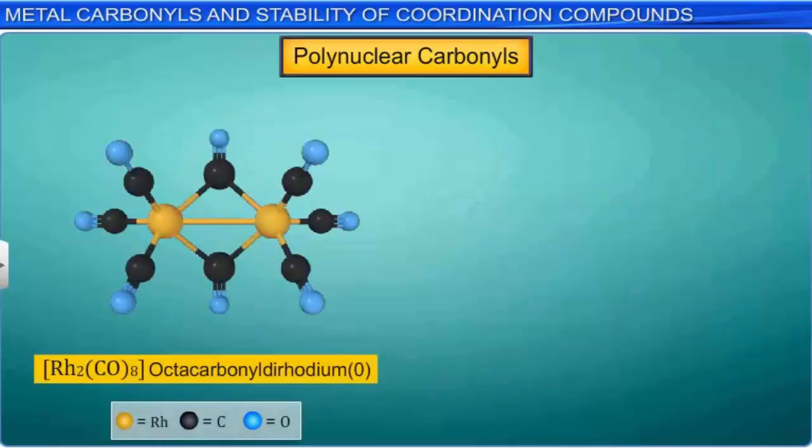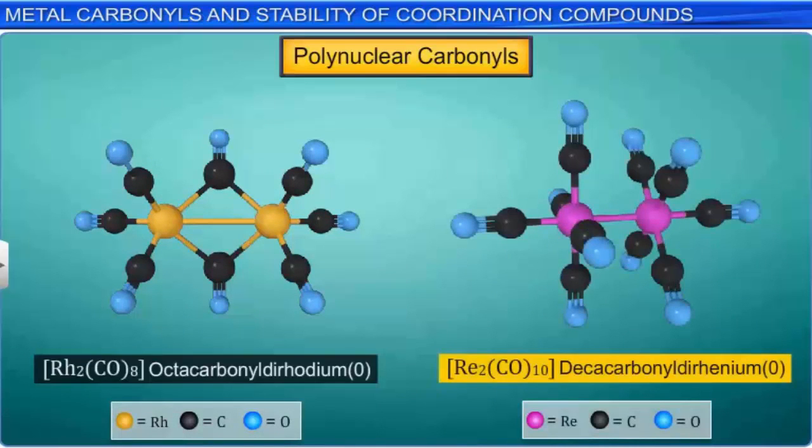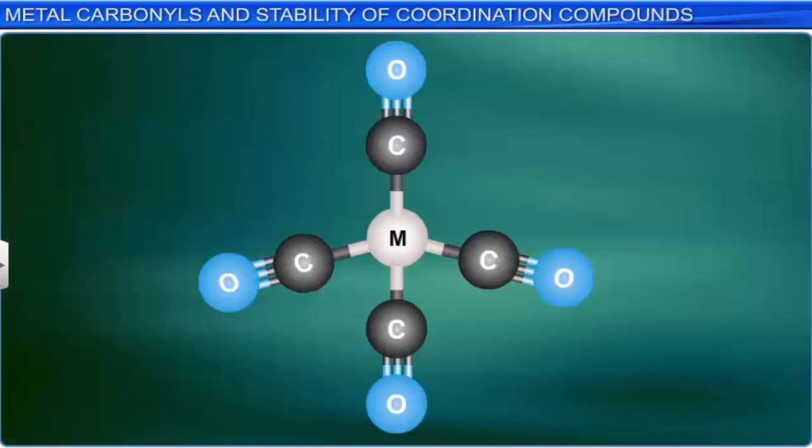It is important to note that in carbonyls, the electrons that form the chemical bond between the metal and the carbon of carbon monoxide are supplied solely by the molecules of CO. Hence, the metal atom is said to be in zero oxidation state.